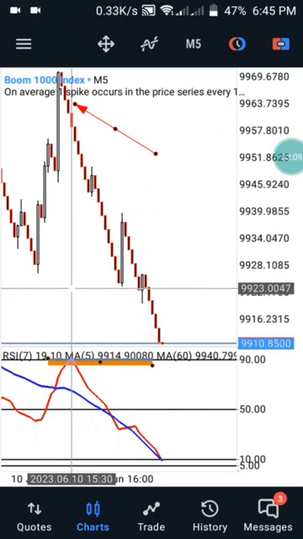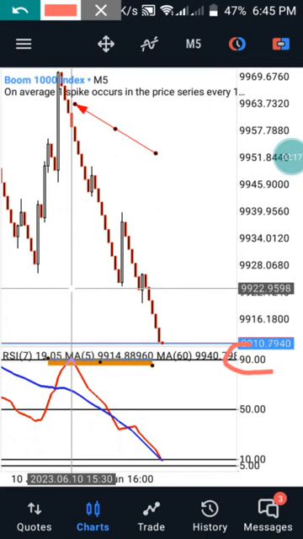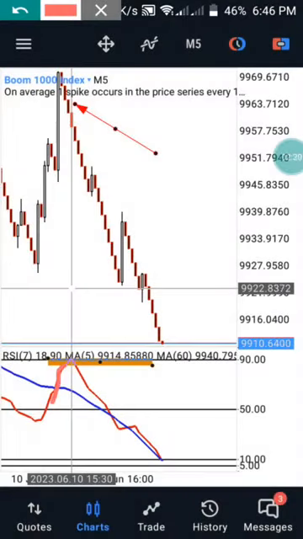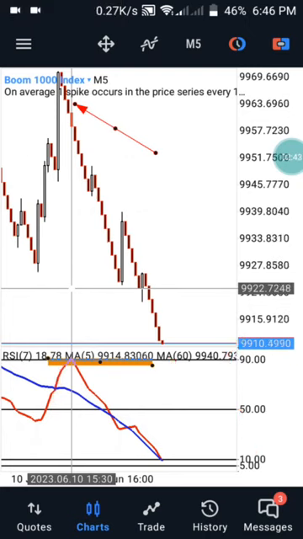If the red 9 is on the 90 level, and the blue 9 is trading above the 50 level, that's the right time for us to take this trade. You have to first confirm your red 9 reaching the 90 level, and make sure your blue 9 is not trading outside the 50 level. It's trading between the 50 and 90 level. So that's the safe time for you to enter this trade.